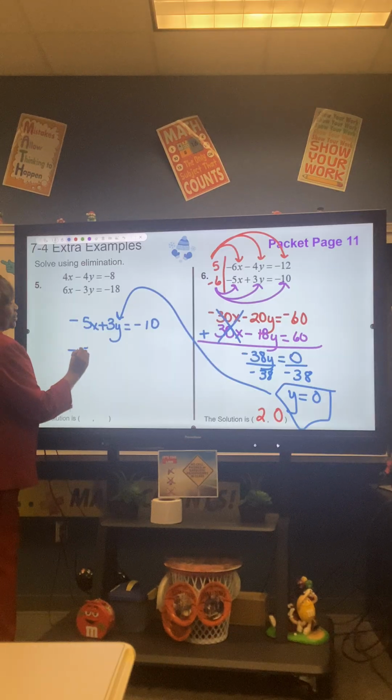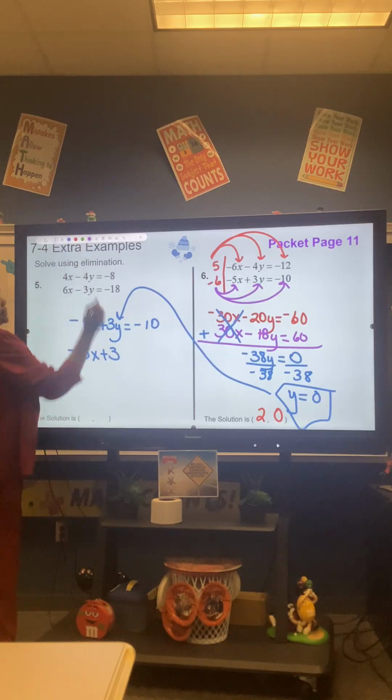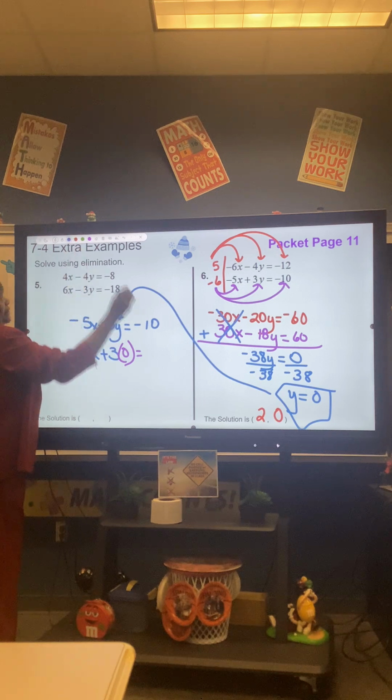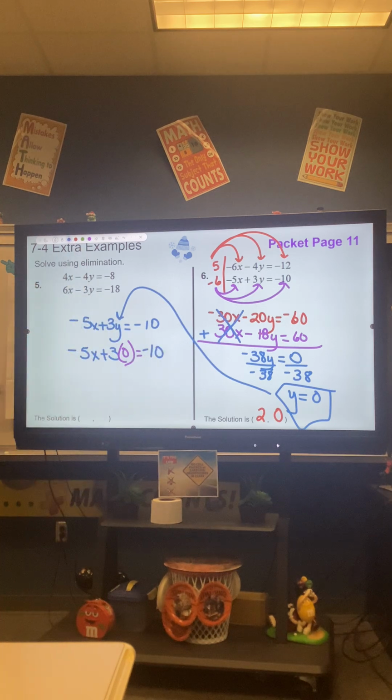Okay? So we should have a negative 5x plus 3 times my y value, which is 0, is equal to a negative 10. I'm trying to model what you need to be doing because when you take your final exam, everybody's going to be straight in a row and ain't no phones on the desk. You can't call nobody. You can't phone a friend.